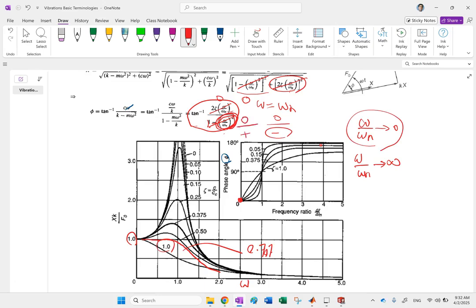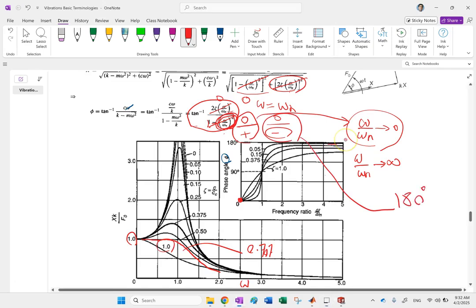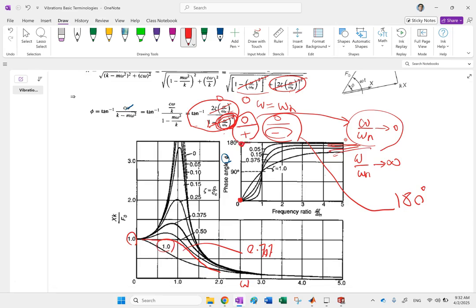So when you're looking at something like this, the angle goes to 0. When you're looking at this, your angle is going to go to 180 degrees. And that is what you see for all of these curves. They are all converging to what? 180 degrees. So they all start from 0, go to 180.